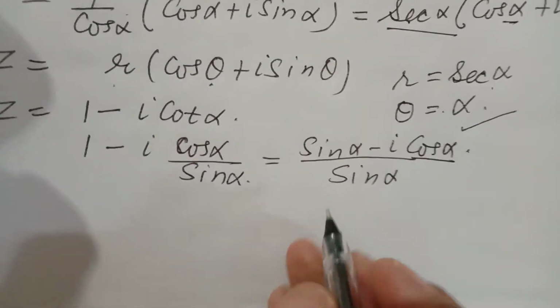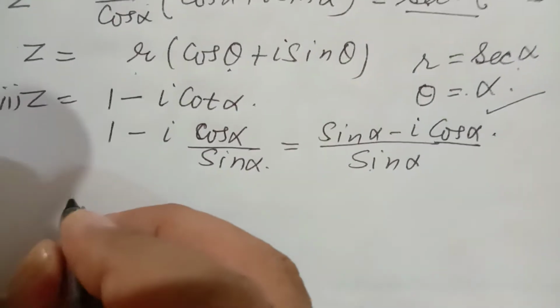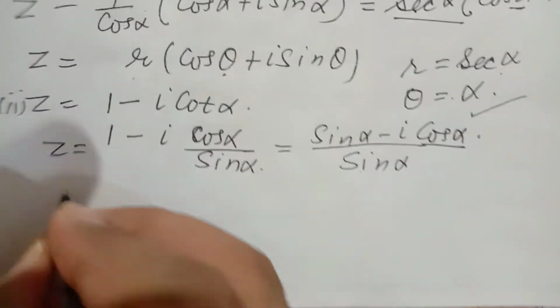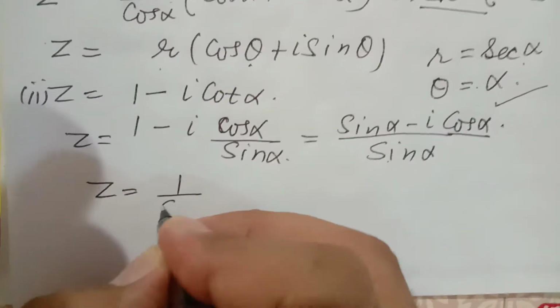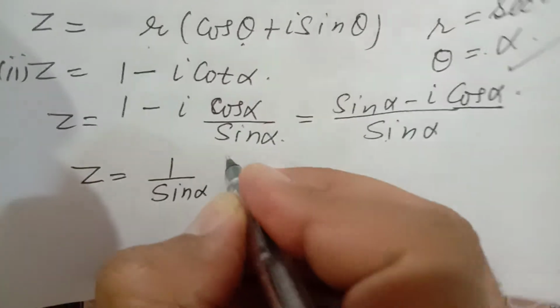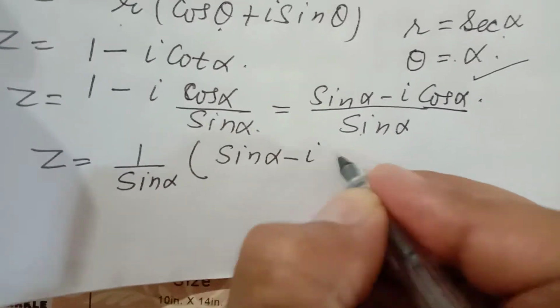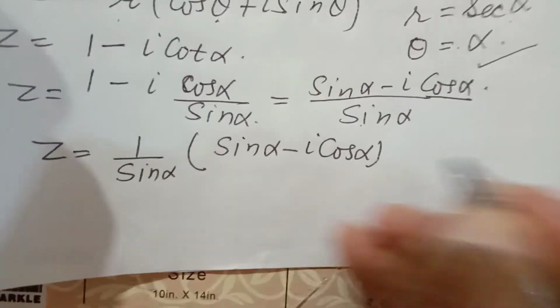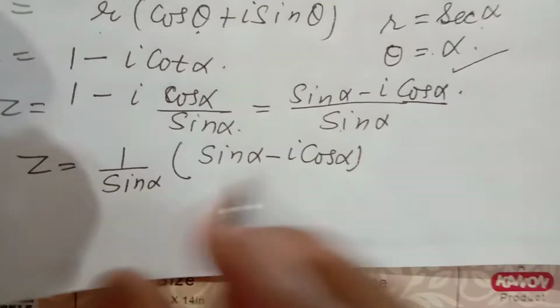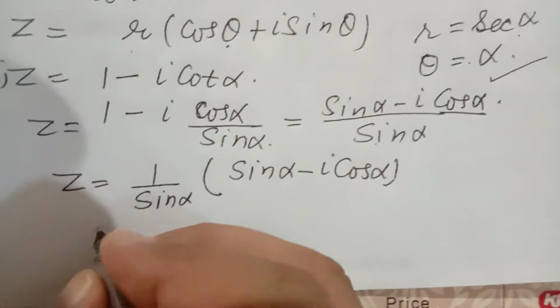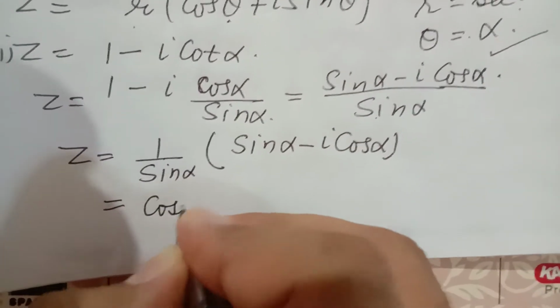Again we are taking this 1 upon sin alpha separately, so z becomes 1 upon sin alpha, and in the bracket sin alpha minus iota cos alpha terms are lying there. After that, 1 upon sin alpha we will change into cosecant alpha.